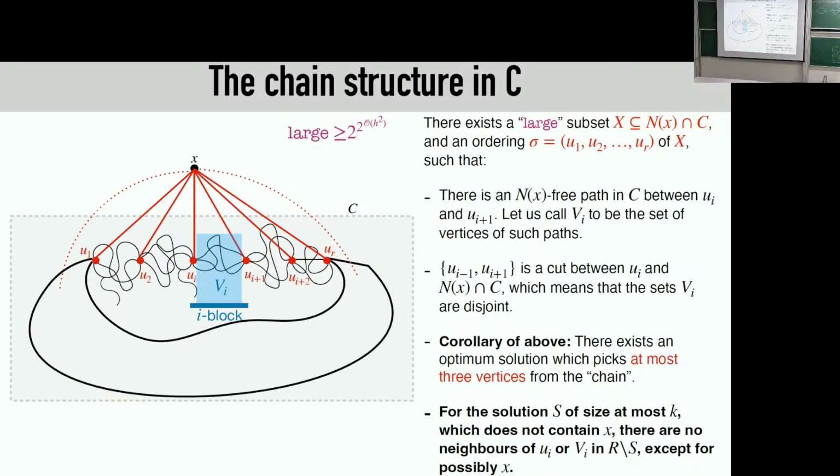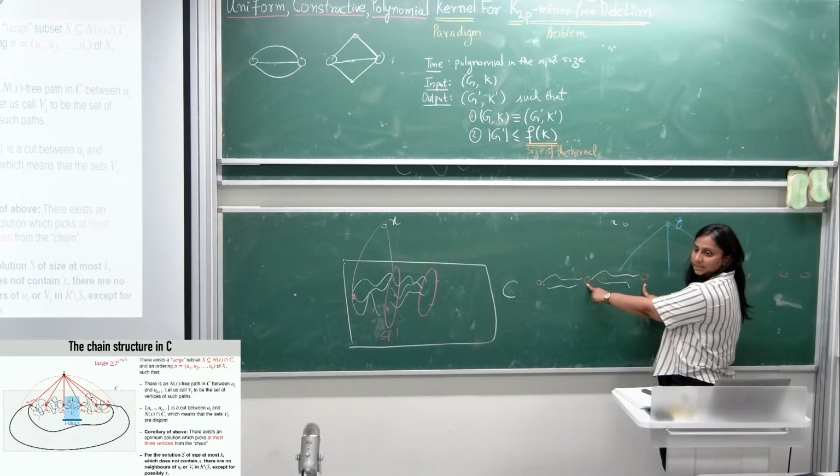We already had some chain to start with, and I'm saying if this chain is large enough, then in this chain I can find a subchain with this property. How do I do this? There is X. Now let's say there was a vertex y which had neighbors in a lot of blocks, meaning regions between two consecutive red vertices.